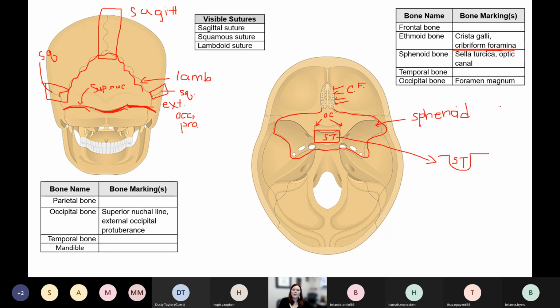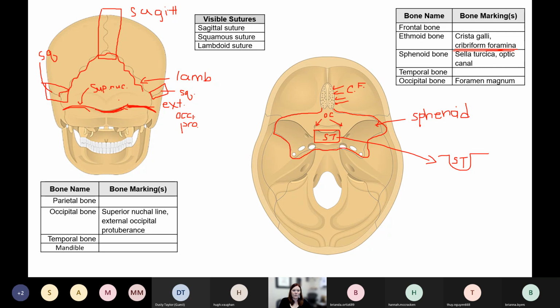These are little tiny holes that go from inside your skull down into your nose. It's a space for neurons to help you with the sense of smell. A couple of cranial nerves lie right on top of the cribriform foramina, and they drop down little neurons into your nose to assist you with the process of smell.